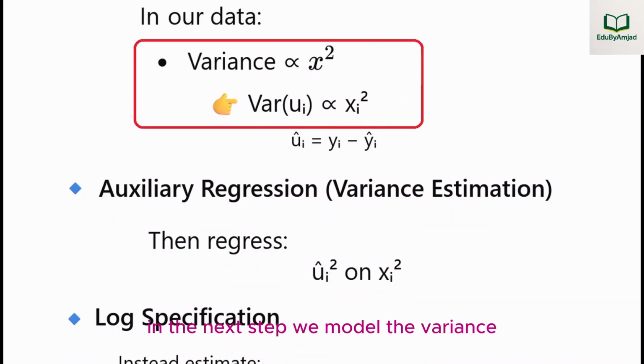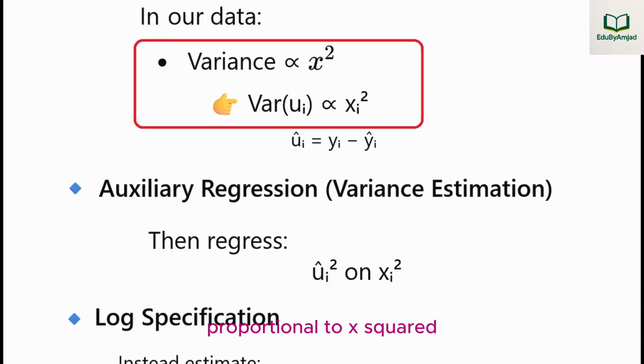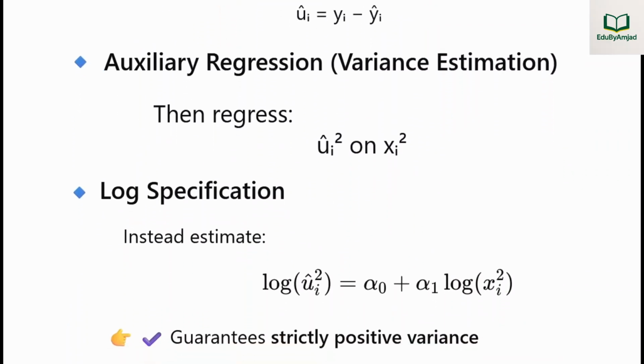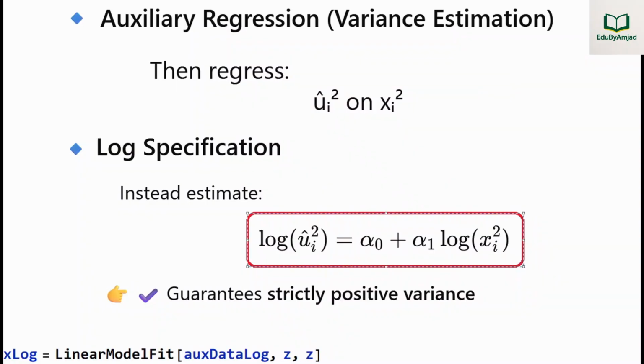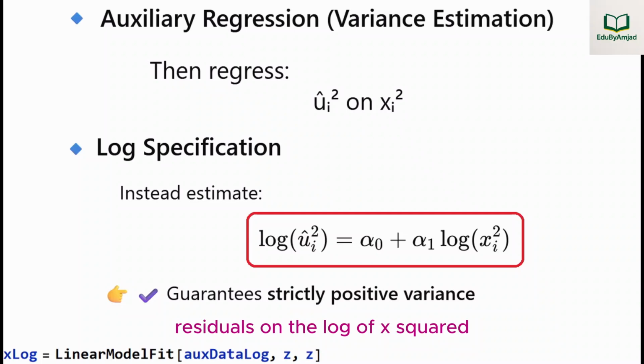In the next step, we model the variance. In our case, we assume that the variance of the error term is proportional to x squared. So, we run an auxiliary regression of the log of the squared residuals on the log of x squared.